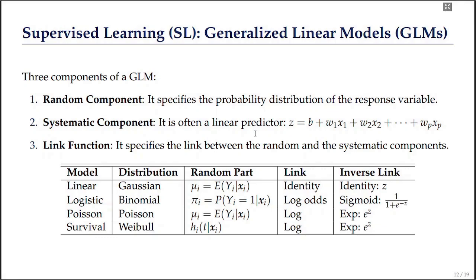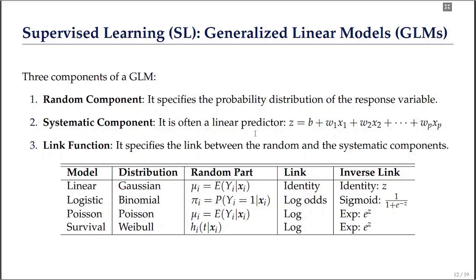In such generalized linear models, there are three main components. One, we have a random component, which specifies the probability distribution of the response variable or the outcome variable. The second component is the systematic component, which is the deterministic part.